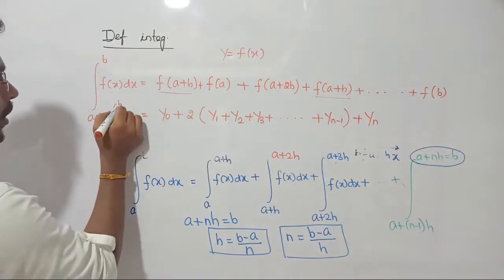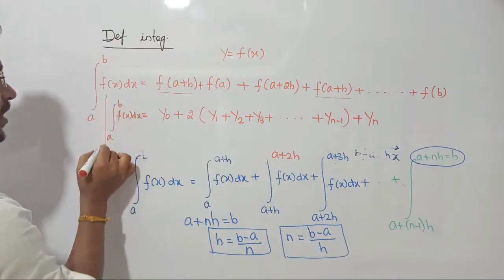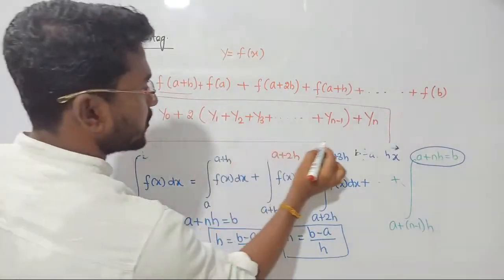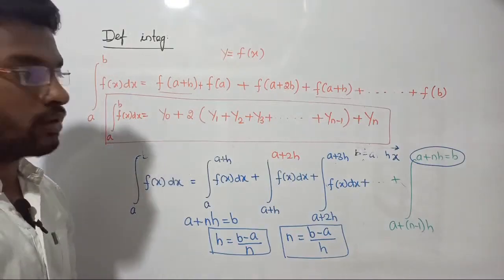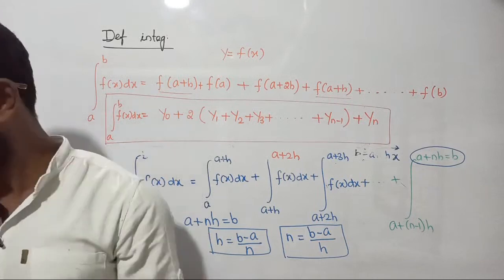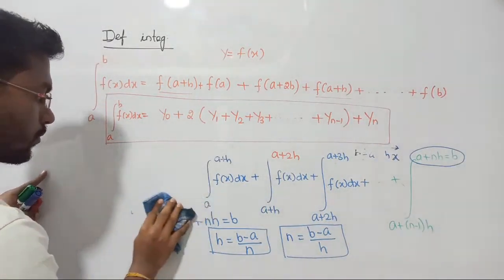So from a to b, our function is f of x into dx. Clear? So that is the general formula to obtain the value of integration with the help of the trapezoidal rule. And in the trapezoidal rule we are considering two initial points, so let me rub this one.